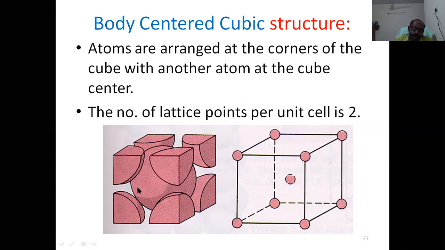But we also have to calculate the distance of the body centered lattice point. So let us say the center point here.